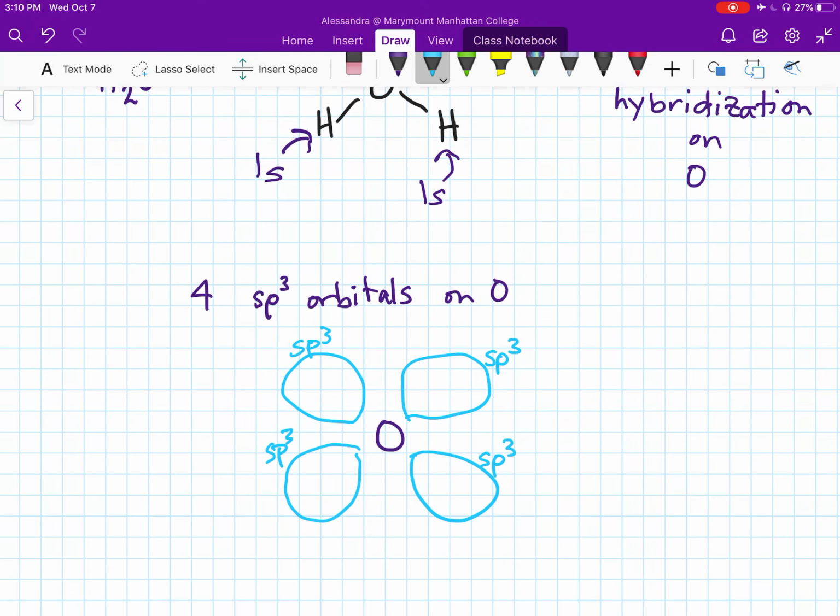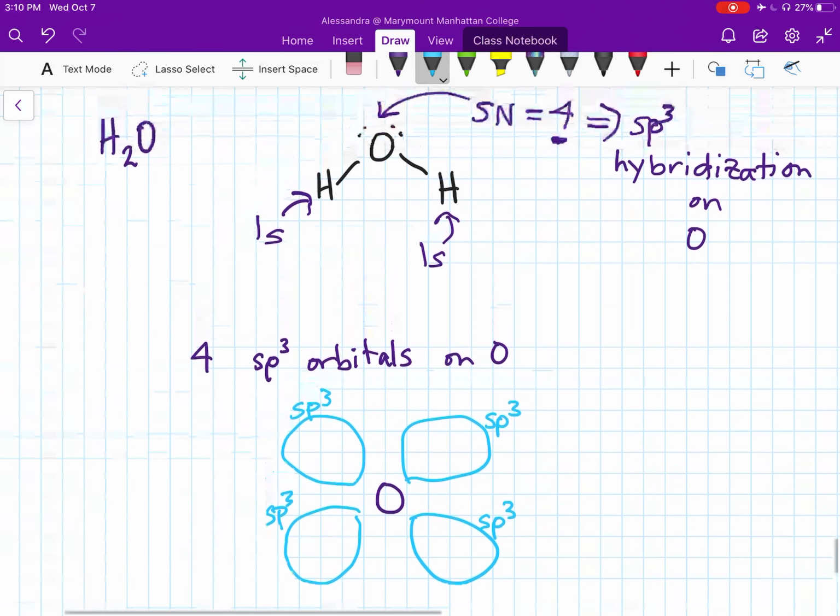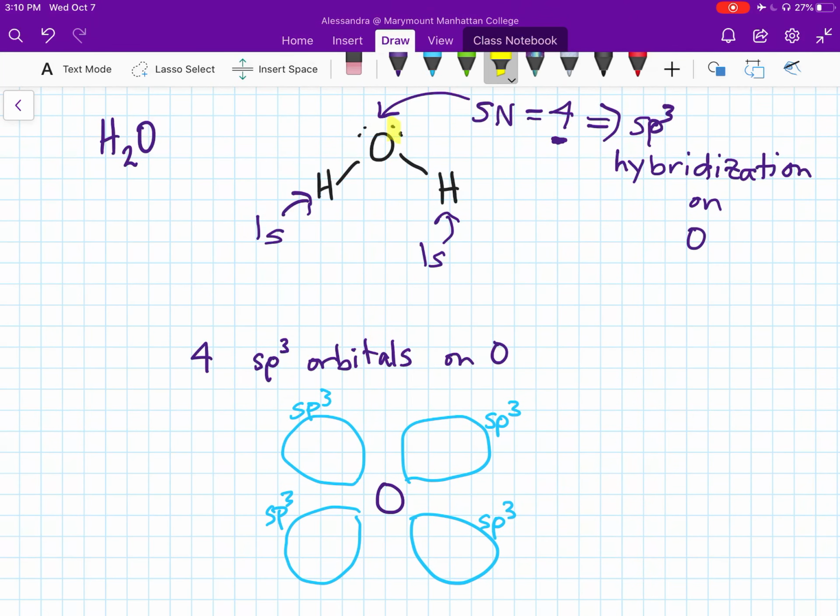In 2 of those sp3 hybrids, I'm going to have the lone pairs on my oxygen. So I'm going to have a lone pair residing in one of the sp3 hybrids and another lone pair residing in another of the sp3 hybrids.